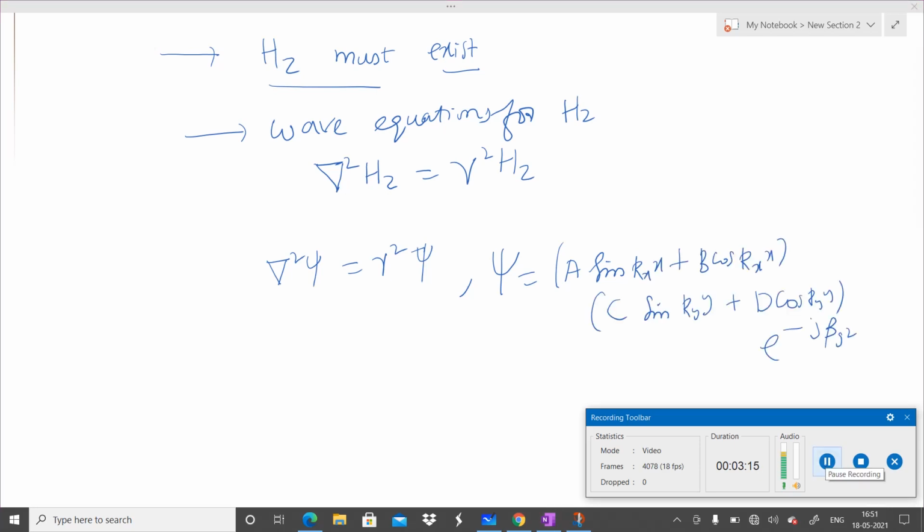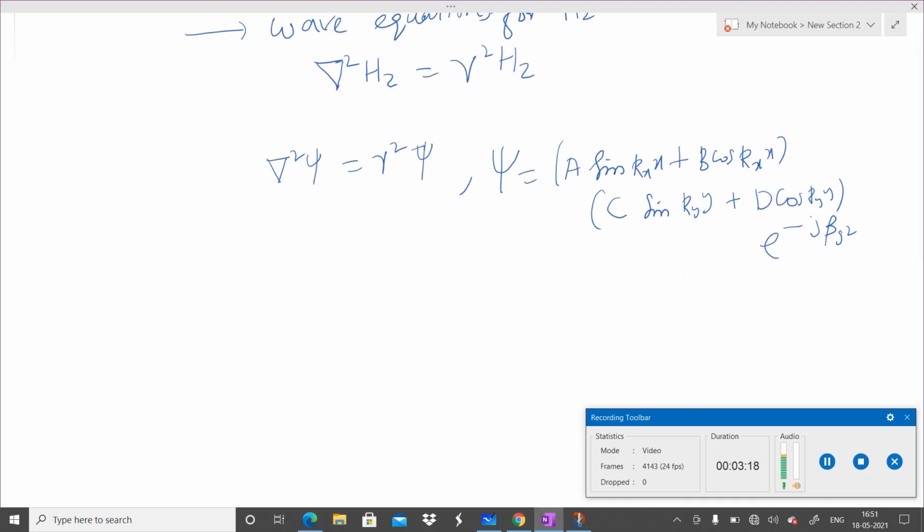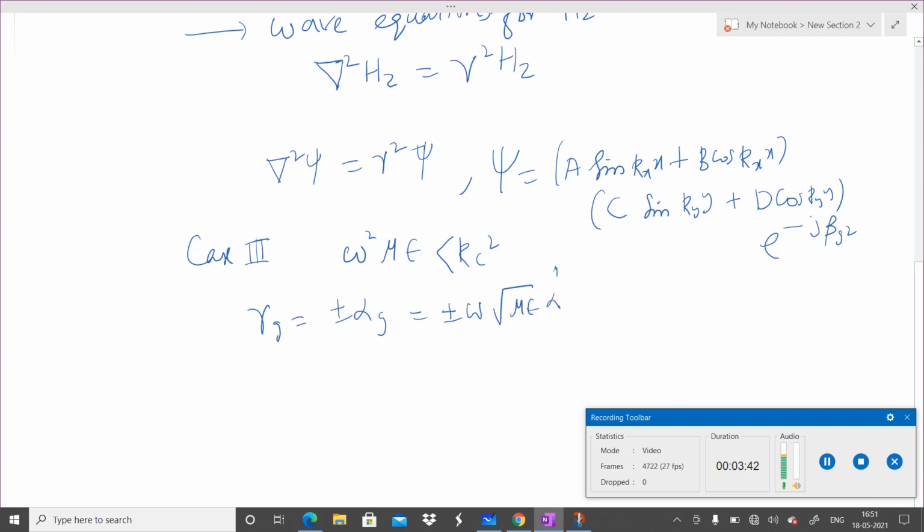You go back to the previous lecture, where we had the third case of the solution, wherein omega square mu epsilon was less than kc square, and hence gamma g, the attenuation factor, is real, not imaginary. It was given as plus minus omega under root of mu epsilon, under root of fc by f square minus 1, where fc is the cutoff frequency. We have discussed that. Kindly go back to that lecture.